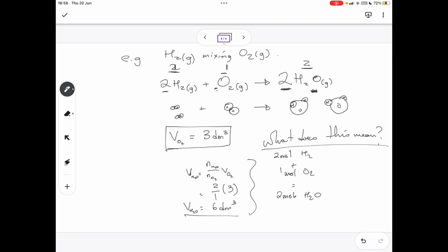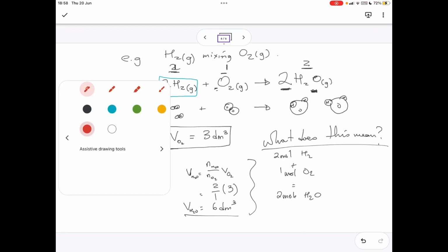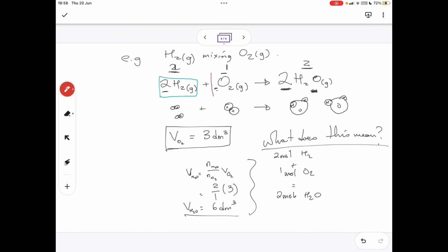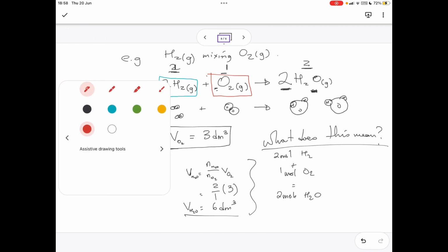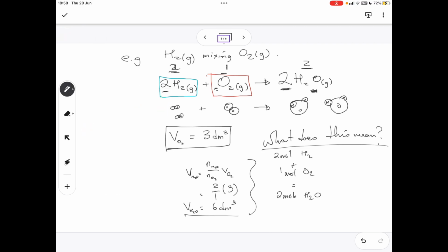Let's think about it this way. We've got the hydrogen, 2 of those, on this side, and on this side we've got the oxygen, 1 mole of that.